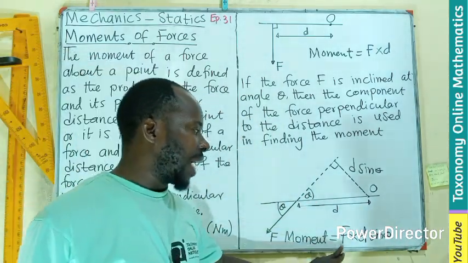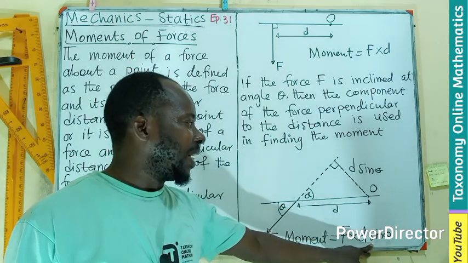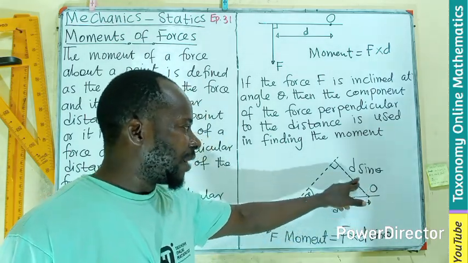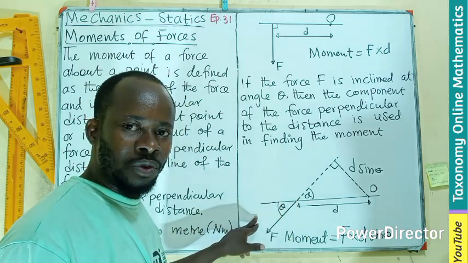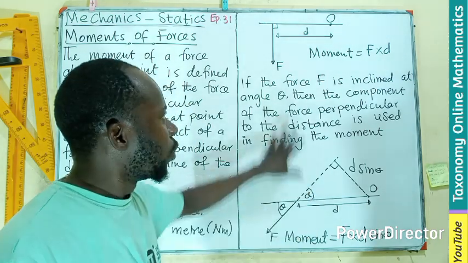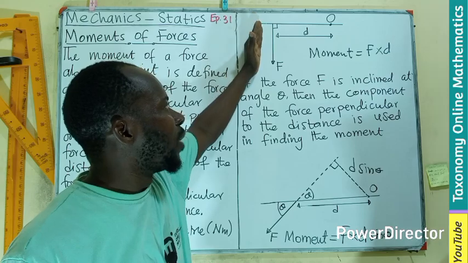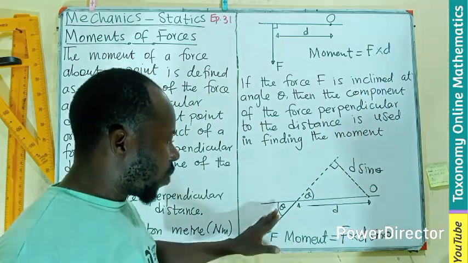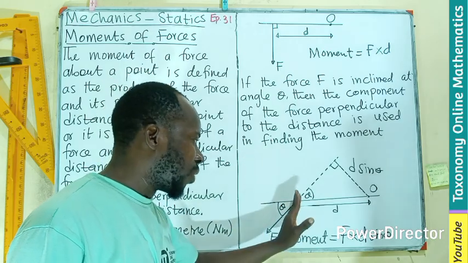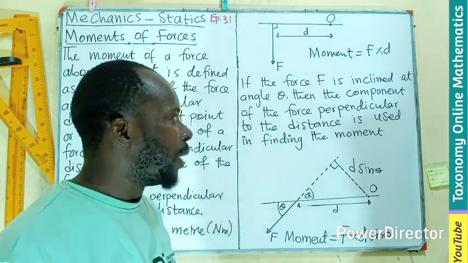This is the force times the perpendicular distance. In this case, the perpendicular distance is not directly displaced because it is inclined. So this is a different approach from when the force is directly perpendicular to the distance. This one is not perpendicular, it is inclined. So we deal with this.